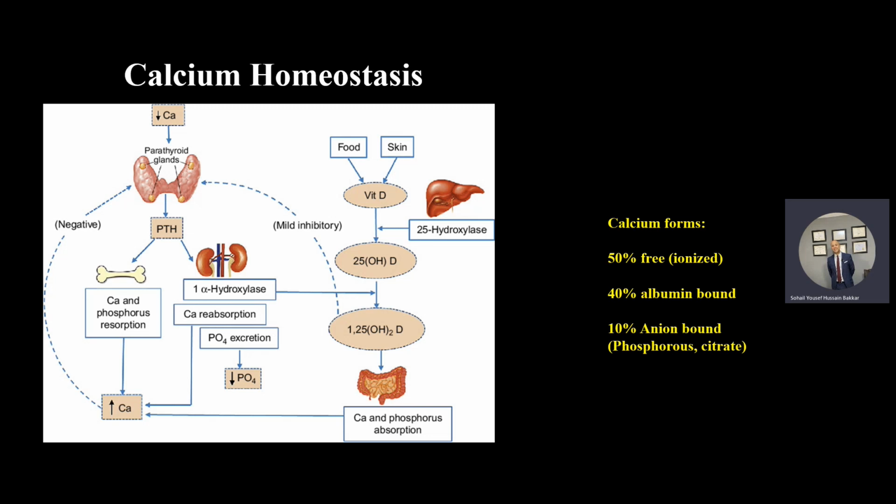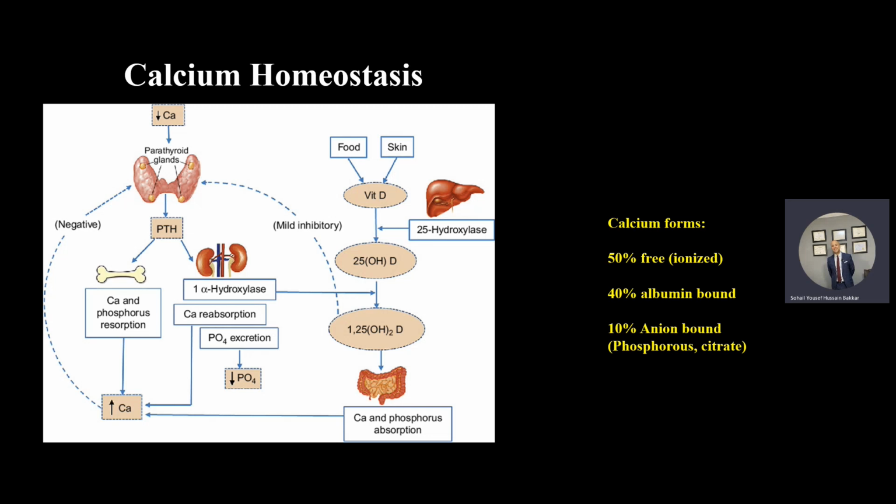And as a compensatory means, the parathyroid glands are excessively secreting parathyroid hormone to compensate for the deficiency in serum calcium levels. So the parathyroid hormone levels would be high. However, the calcium levels would either be low or normal.